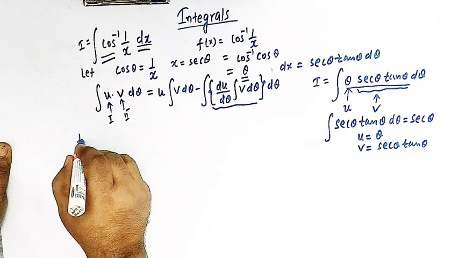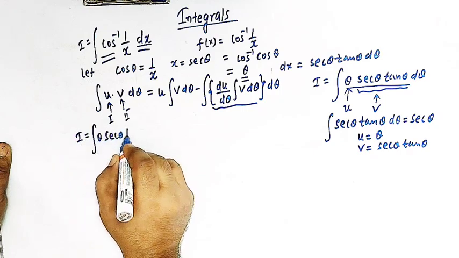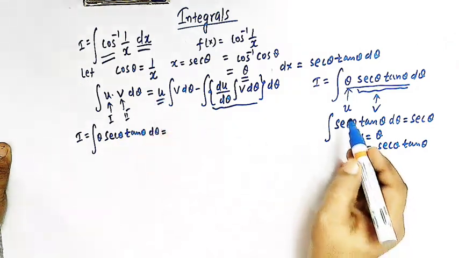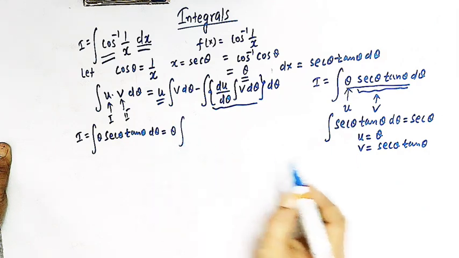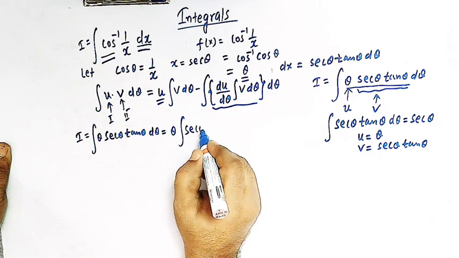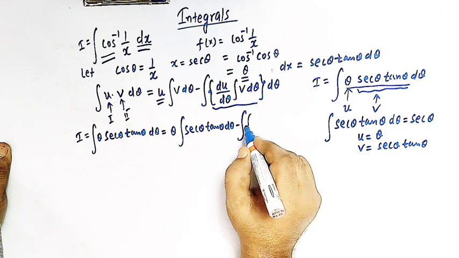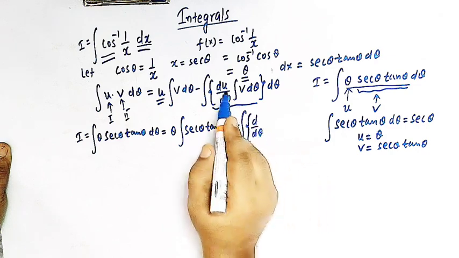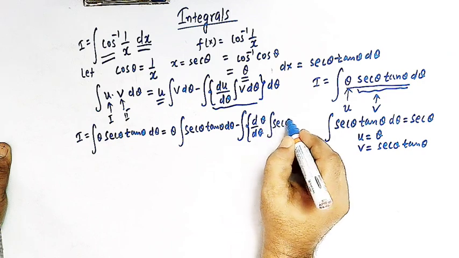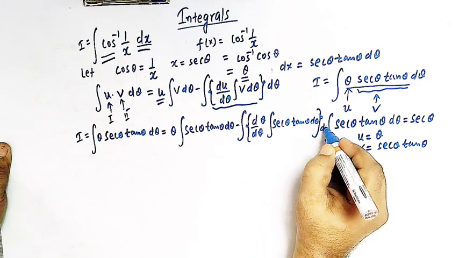So our integral I now becomes the integral of theta secant theta tangent theta d theta, which is equal to u, that is theta, times the integral of v d theta, where v is secant theta tan theta, minus the integral of the derivative of u with respect to theta, u is theta, times the integral of secant theta tan theta d theta, and then d theta.